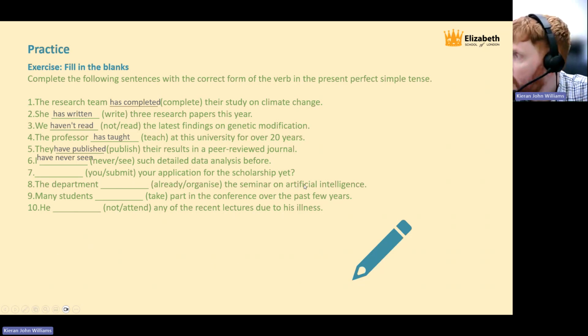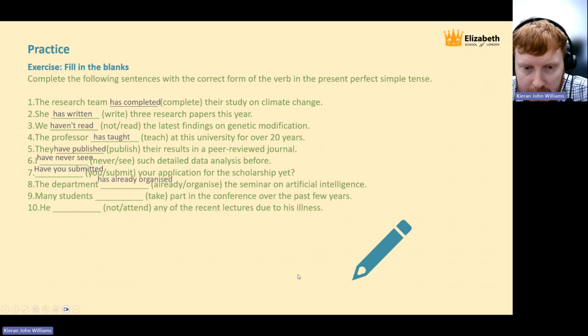Number 7 is a question, so hopefully you remembered to change the order here. It would be, have you submitted your application? In number 8, we have, the department has already organized the seminar. In number 9, many students have taken part.